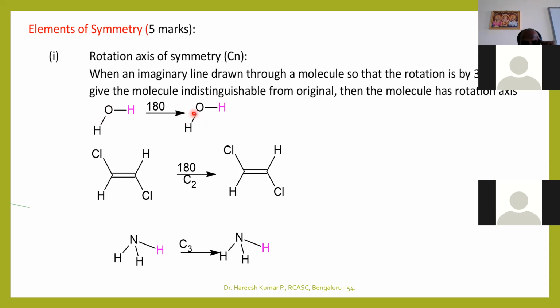This moiety as well as this, are both different or same? Same. How is it the same? Look here. Instead of pink, I can make it A, and here I can make it B. Isn't it?